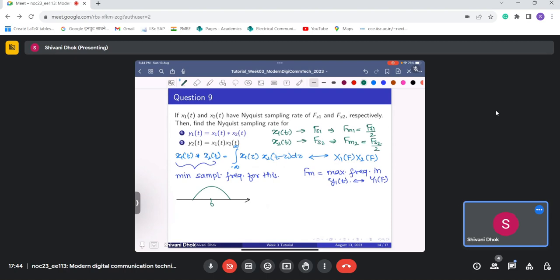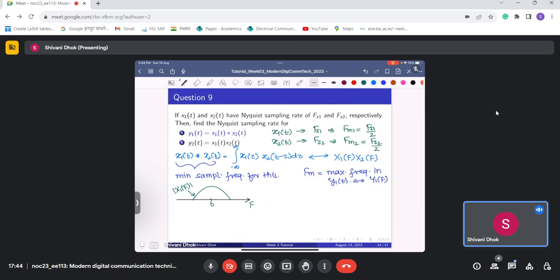This one is my x1(f), that is the Fourier spectrum of x1(t), magnitude to be specific, something like this.